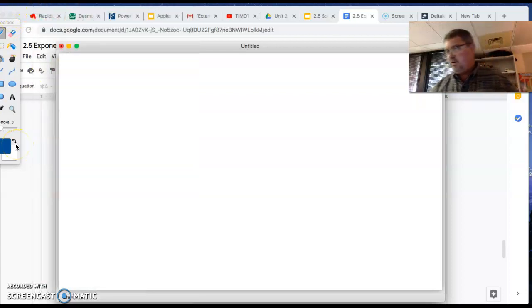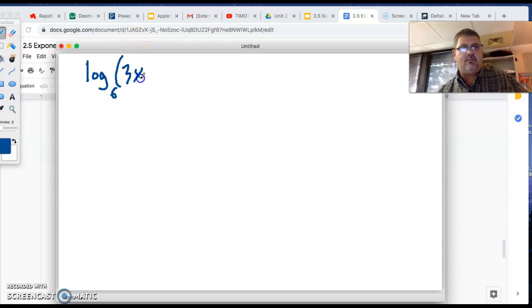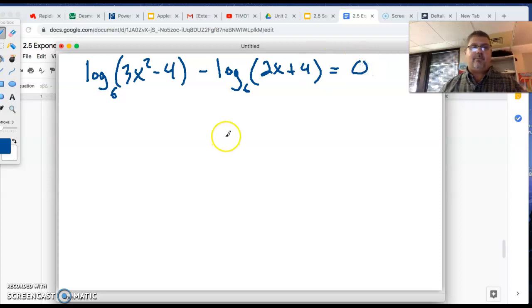Alright, so we want to solve, and I don't know why they're all base 6, by the way. It's a coincidence. Log base 6 of 3x squared minus 4, minus log base 6 of 2x plus 4, and that's equal to 0.